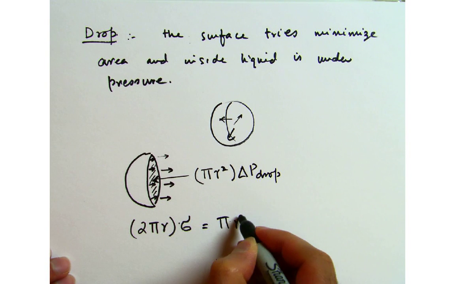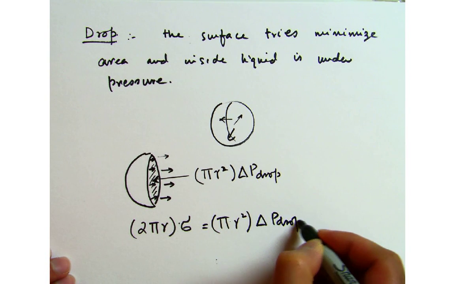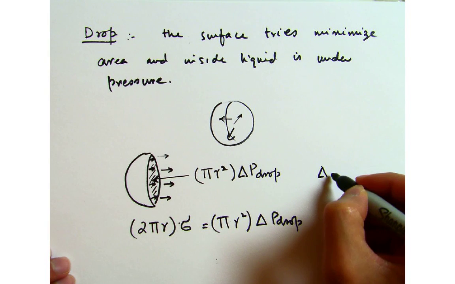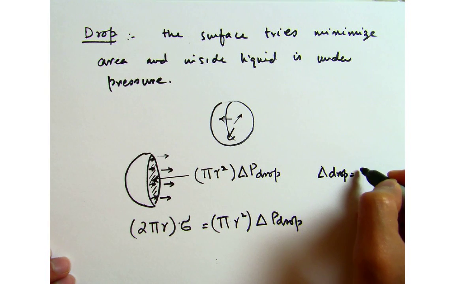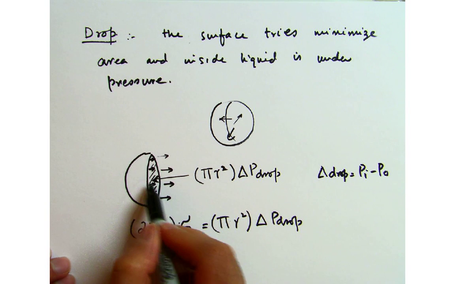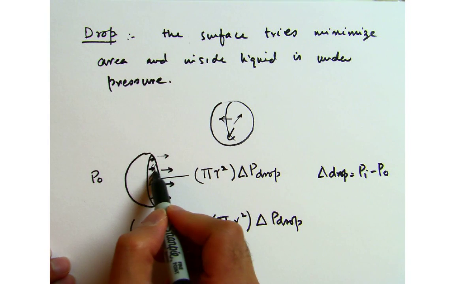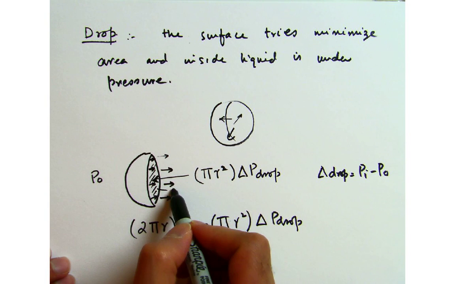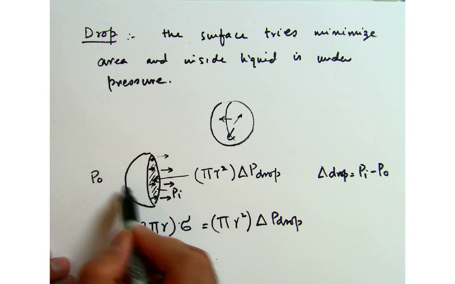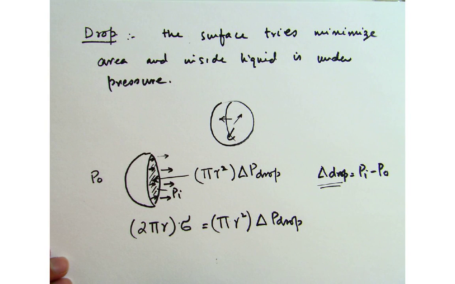So pi r square times delta p of the drop, where delta p of the drop is p_i minus p out. So p_i is the inside pressure of the drop, and p out is the outside one, and the difference of those two is represented by this delta p.